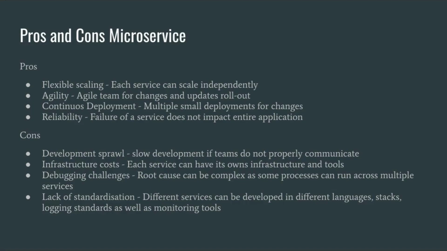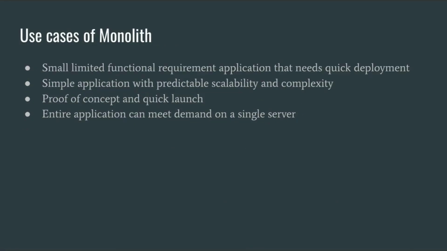And then going further, we have use cases of a monolith: a small, limited functional requirement application that needs quick deployment. So this would be just an application to address one business requirement, and nothing complex, nothing large. You can use a monolithic architecture to solve for this particular use case.